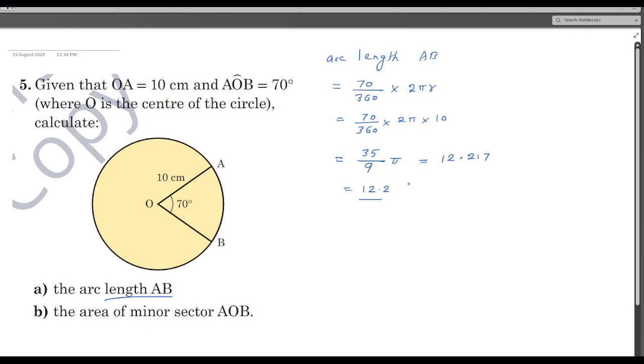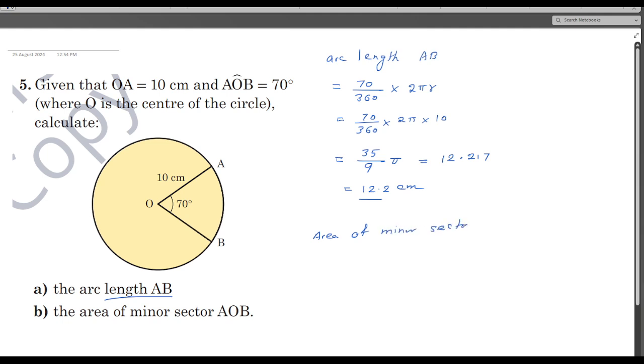Here arc length, so it is centimeter, 12.2 centimeter. The second question is the area of a minor sector AOB. So area of a minor sector.